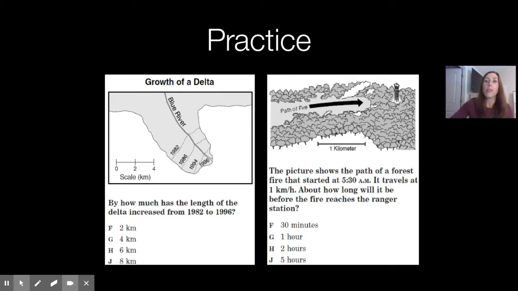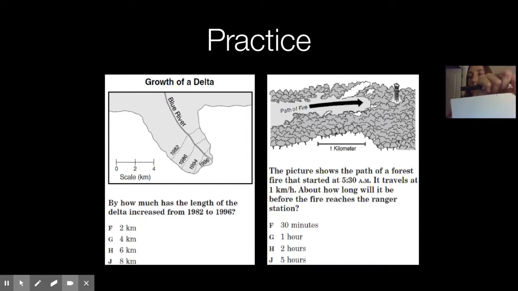So again, we're going to take our paper, hold it up, and measure from here to here. Then we hold it up, and it looks like it's about 1 kilometer. And 1 kilometer per hour, so the answer would be 1 hour. I did the same thing that I did before. I just held up my paper and did a measurement with my pen.